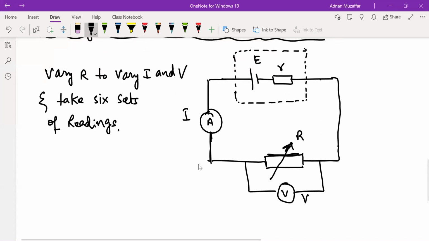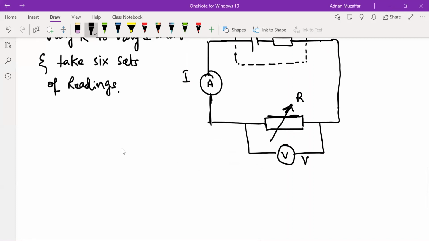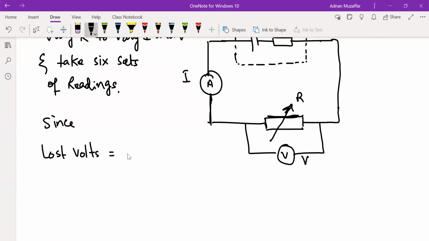Okay. So from here, if you remember, the lost volts formula was E minus V, and in fact, the lost volts formula was also I into R. So I can equate these two.